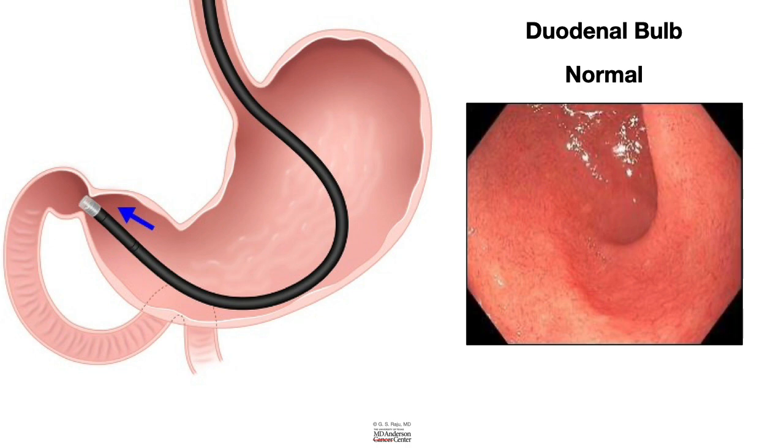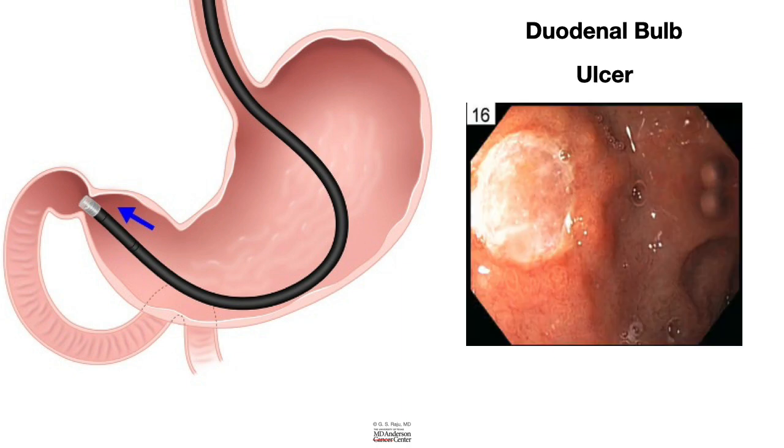And one of the commonest pathologies that we encounter in the duodenum is an ulcer, most often seen in the first portion of the duodenum or the duodenal bulb. Here you see a clean based benign duodenal ulcer on the anterior wall of the duodenum.